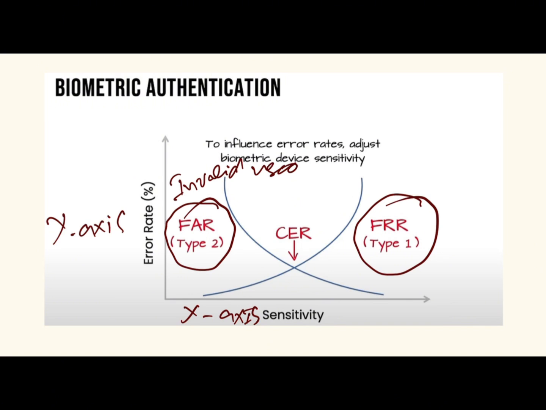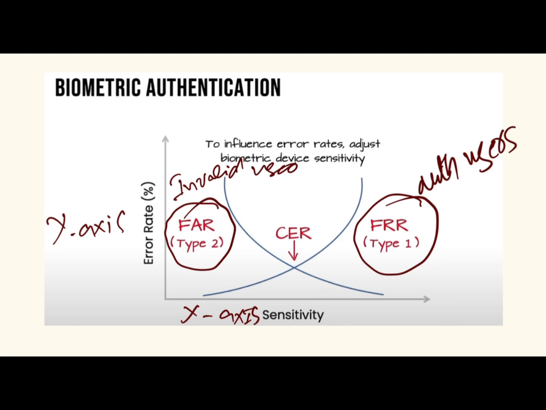False rejection rate, on the other hand, is a type 1 error, as we can see, and happens when authorized users are wrongly rejected. As we discussed in the previous session, that is not desirable, but it is still not worse than false acceptance.